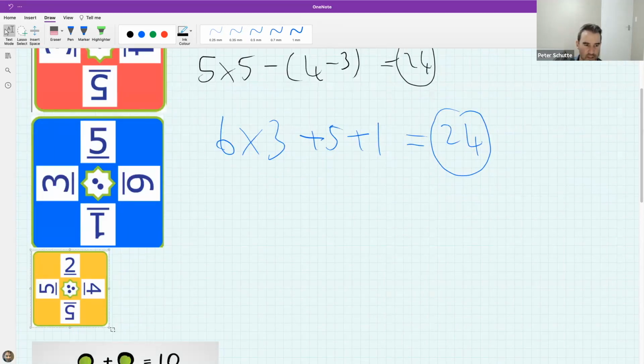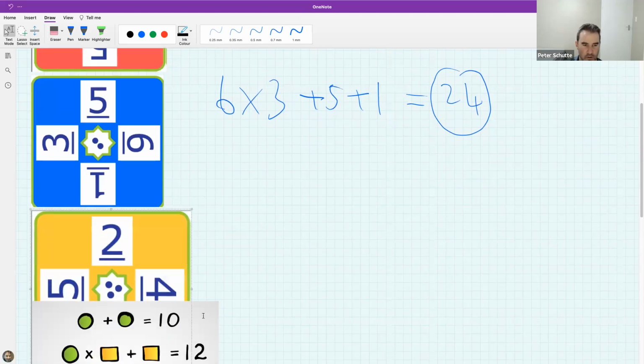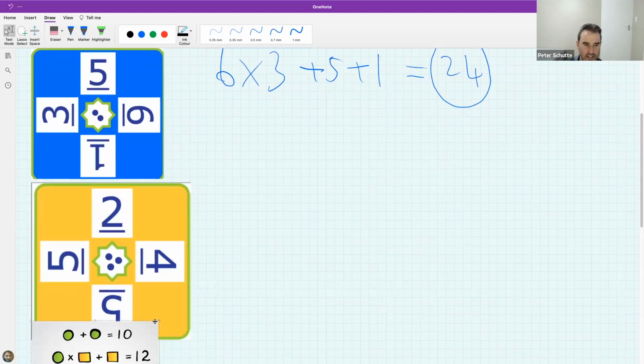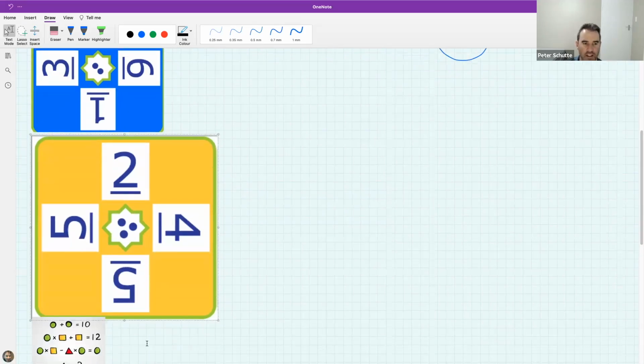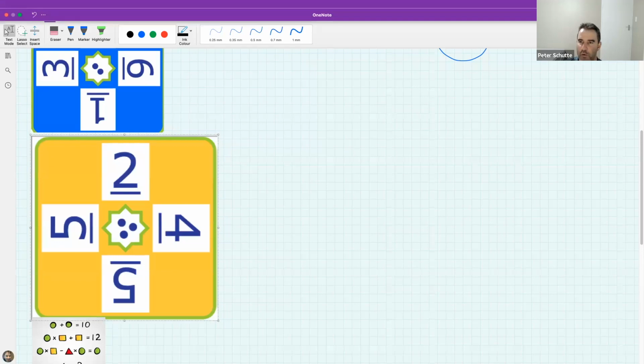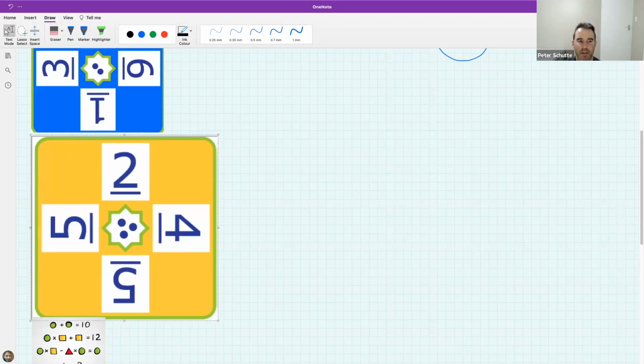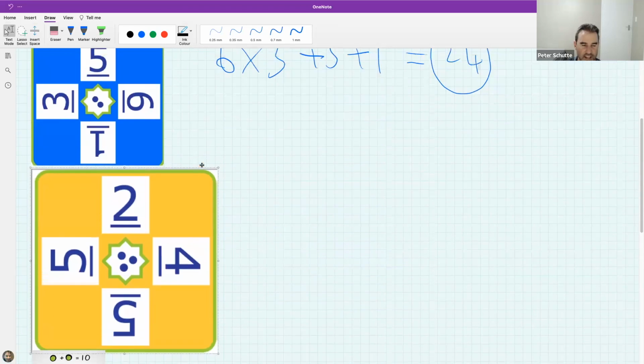Okay, one more, then we must go back to the lesson. Oh, wait, let me get rid of this one. Let's see if we can do the yellow one. Can you make 24 using these 4 numbers that are yellow? This is a bit tougher. I'm only going to give you a minute or so, but you've done so well. I feel like I have to give you a 3-dot card.